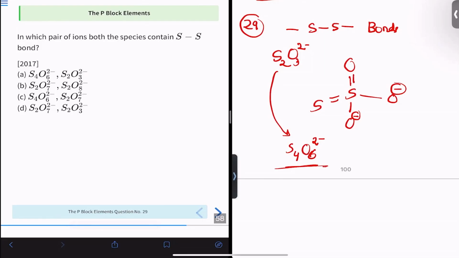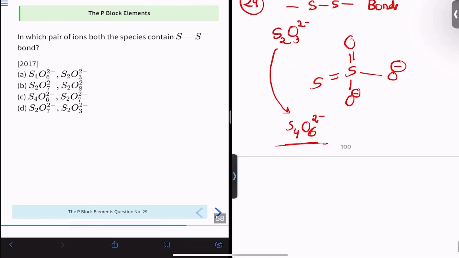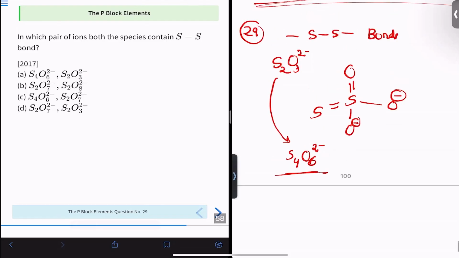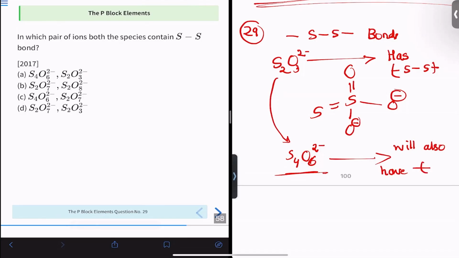So both the compounds are nearly the same. So if S2O3 2 minus has S-S bonds, S4O6 2 minus will also have S-S bonds.